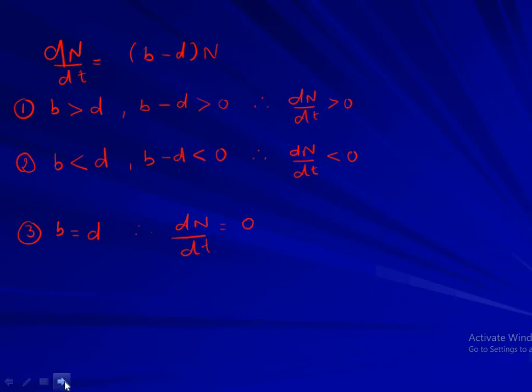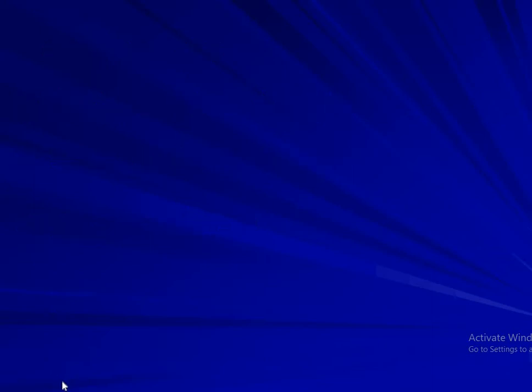Now we'll start with the second type of growth model, and that is the logistic growth model. In exponential growth, we have learned that if the resources are unlimited, then exponential growth happens. But in reality, the resources are not unlimited.